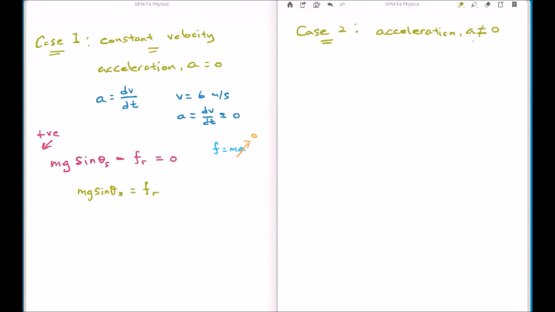So with acceleration, you don't worry about velocity anymore. Again, same: I define positive as going down. Same equation, mg sin theta subtract the frictional force equals ma.